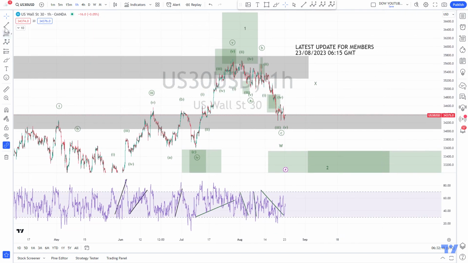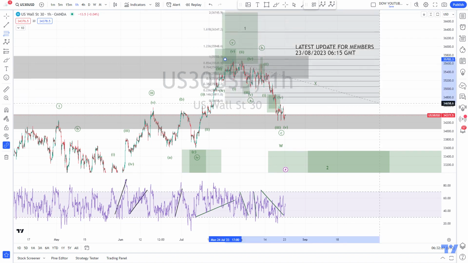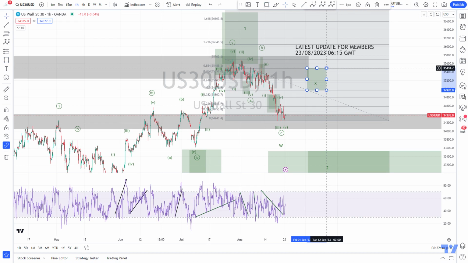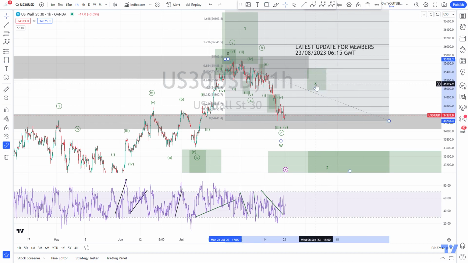If we would get this upside, I would try to initiate a short. So if we take the length of this wave W, and then here this area, here is the area where we can expect our wave X to go, between the 0.5 and the 0.854 fib retracement.